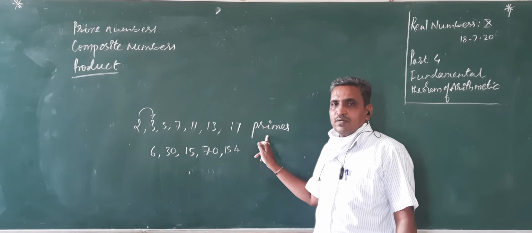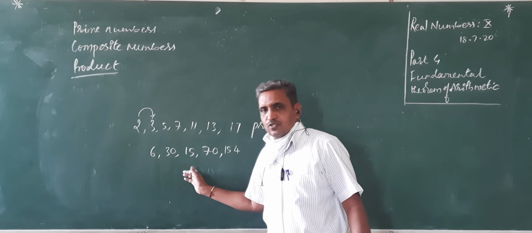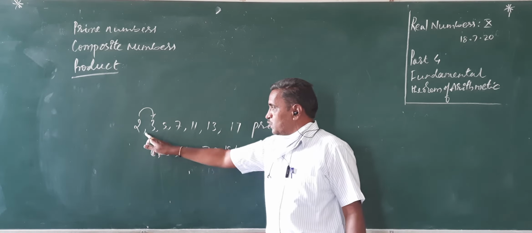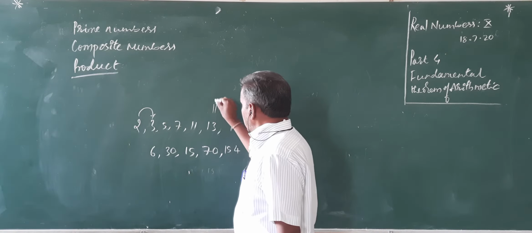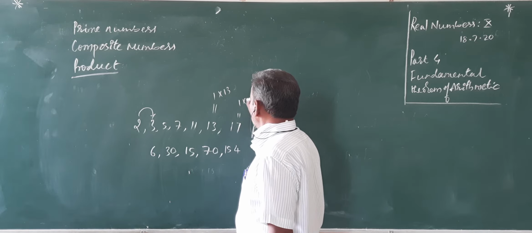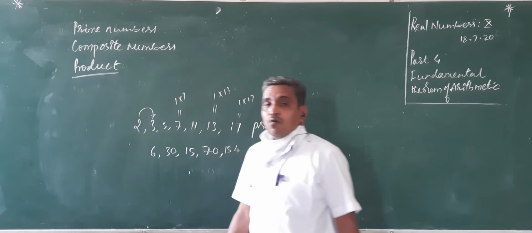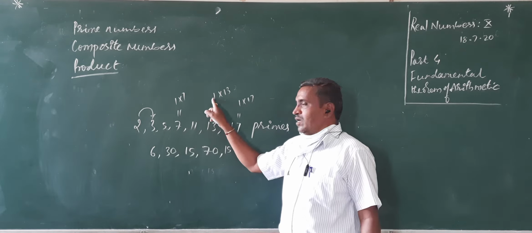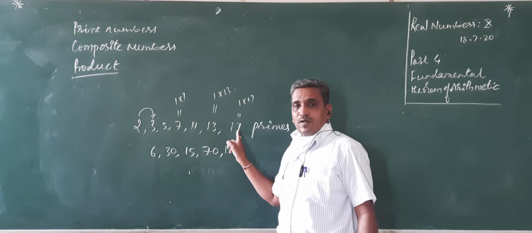Why are these called prime numbers or primes? When you are observing 2, 3, 5, 7, 11, 13, 17, 13 means 1 into 13, 17 means 1 into 17, 7 means 1 into 7. 1 and 7 are called factors of 7, 1 and 13 are factors of 13, 1 and 17 are factors of 17.